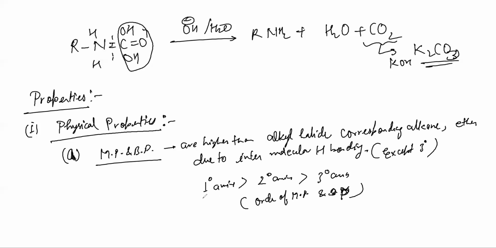Because 1 degree can show hydrogen bonding, and it will show more because it has more hydrogen. 2 degree will show less hydrogen bonding, so its boiling point will be slightly less. 3 degree does not show, so its boiling point will be least. Please note this. I hope you have written.